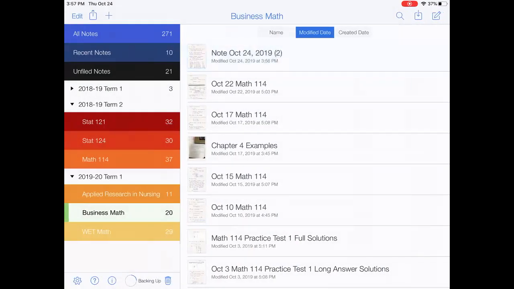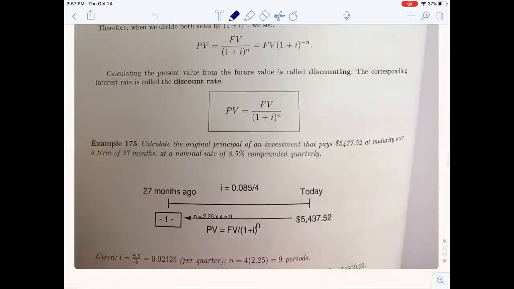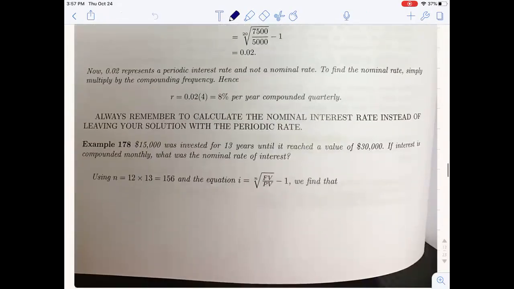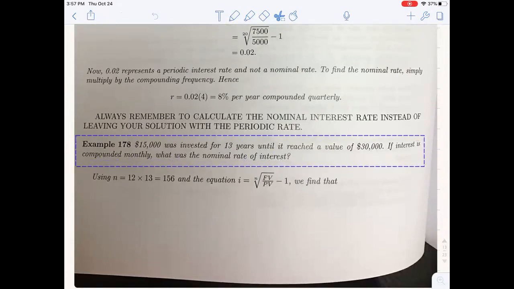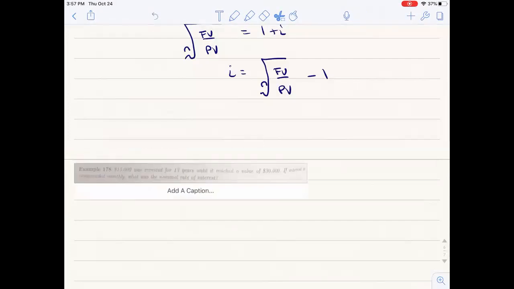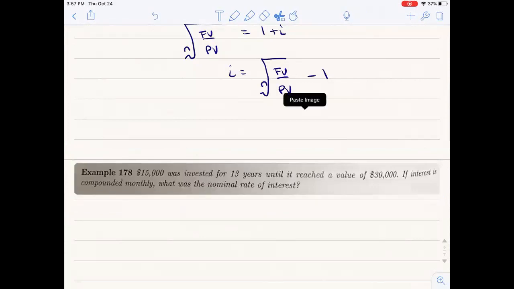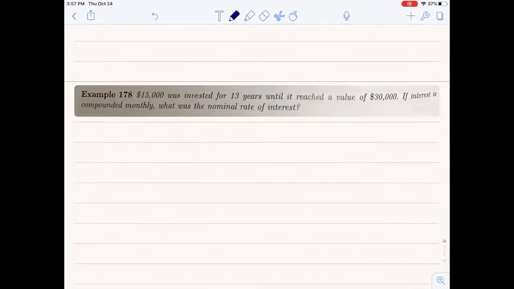Let's do example 178. Okay. So $15,000 was invested for 13 years until it reached a value of $30,000.